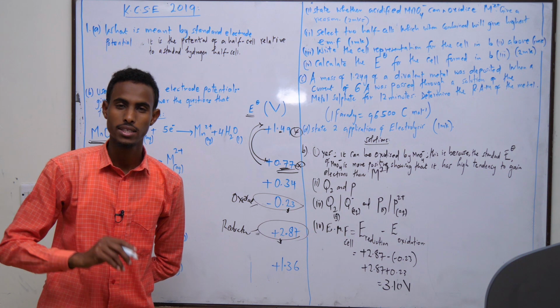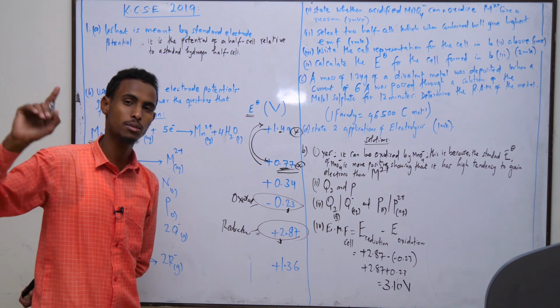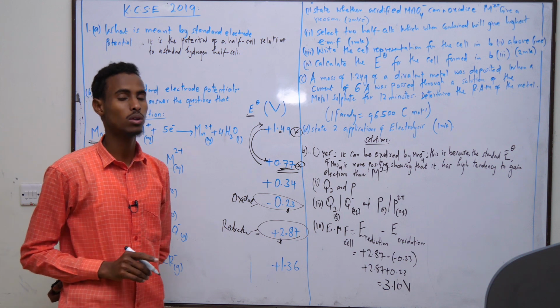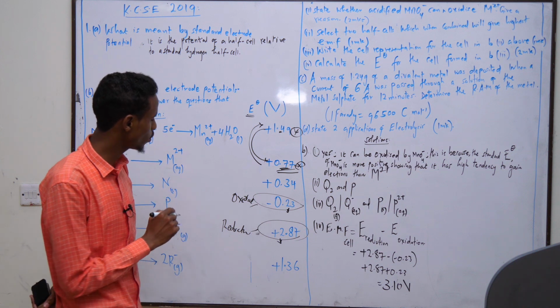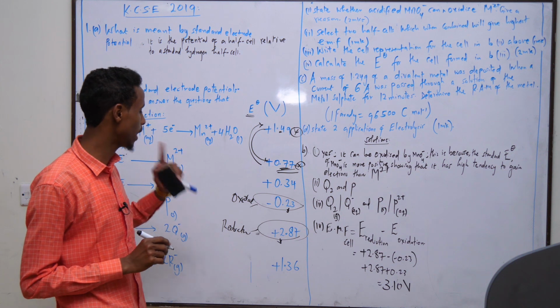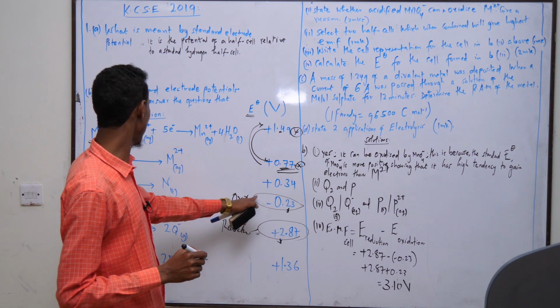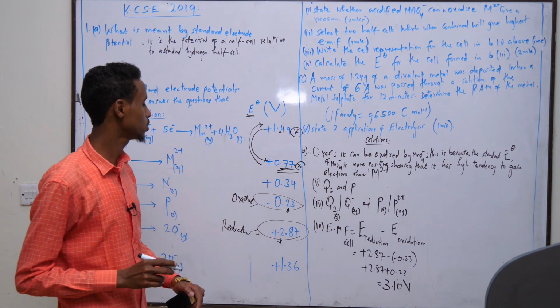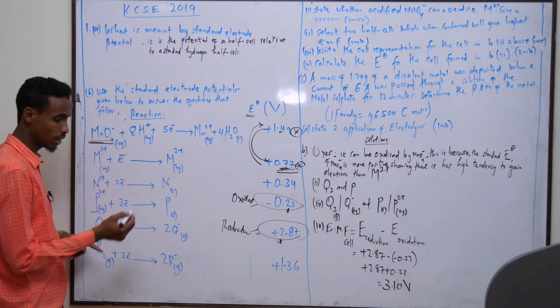To find the highest EMF of a cell, you take the highest positive and the highest negative. In this case, we have positive 2.87 and negative 0.23, and that is cell Q and cell P.